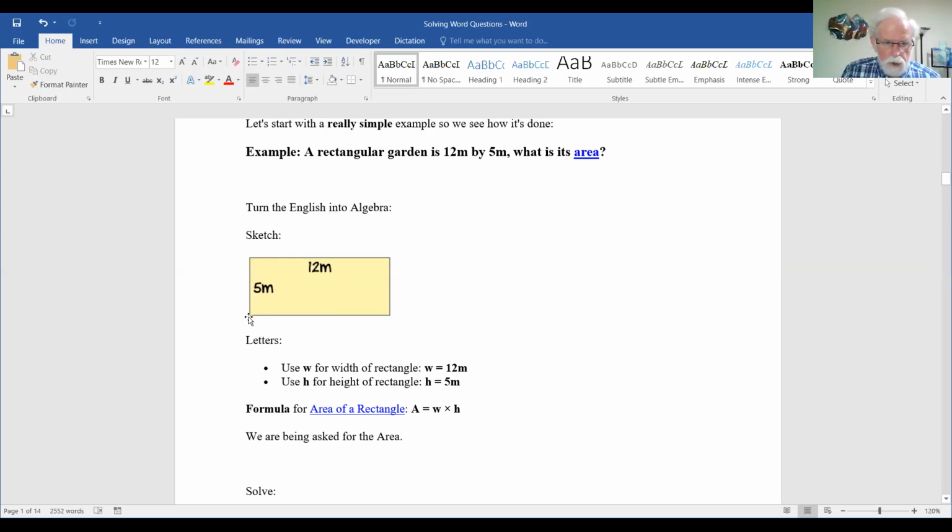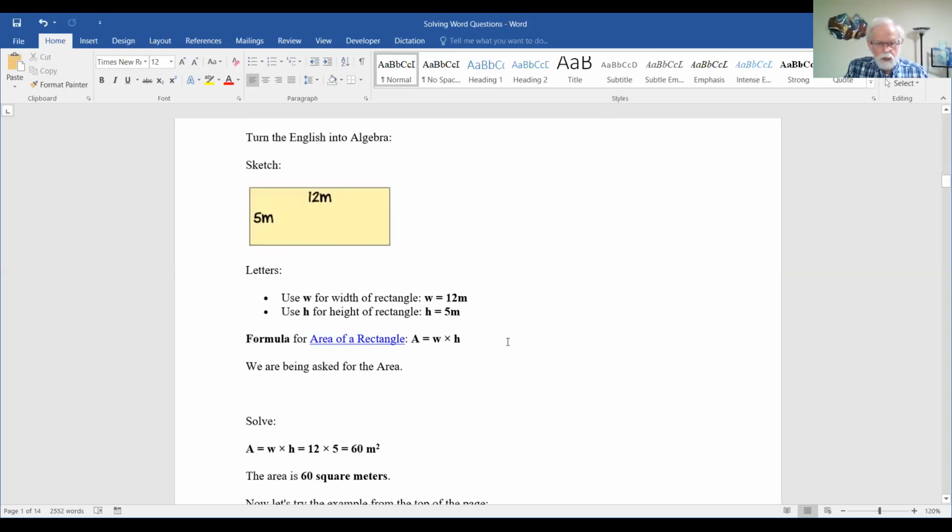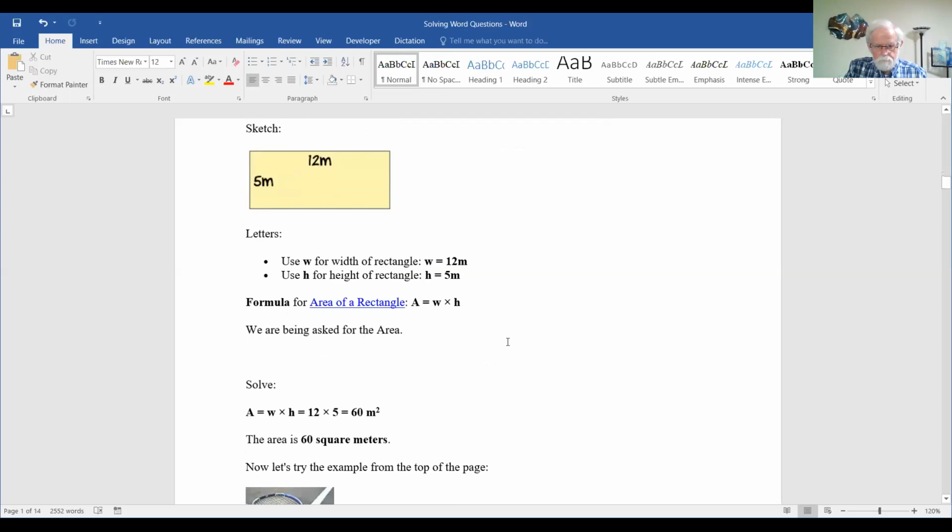Our orientation is the width is this distance across. From geometry, I would call this horizontal line the length and the vertical line the width, but that is only my bias. It doesn't matter because 12 times 5 is 5 times 12 as well. So again, it doesn't matter which one you choose. Okay.